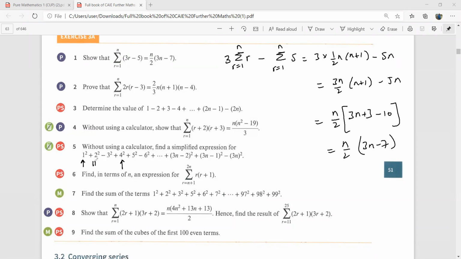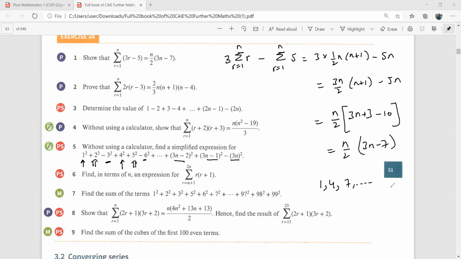Then you have this 2 square, 5 square, then you will have 8 square, and then this one, okay, minus 3 square, and then minus. So these are basically three different sequences over here. What is the nth term for 1 comma 4 comma 7, and so on?